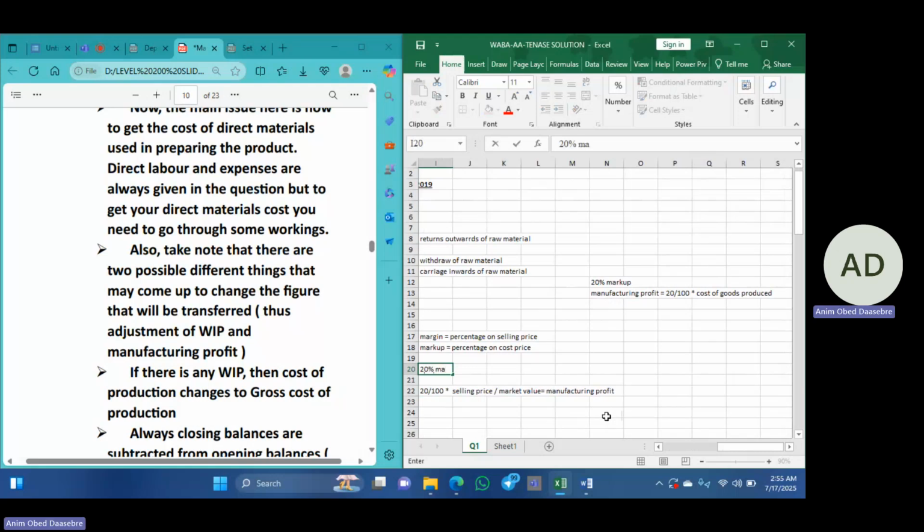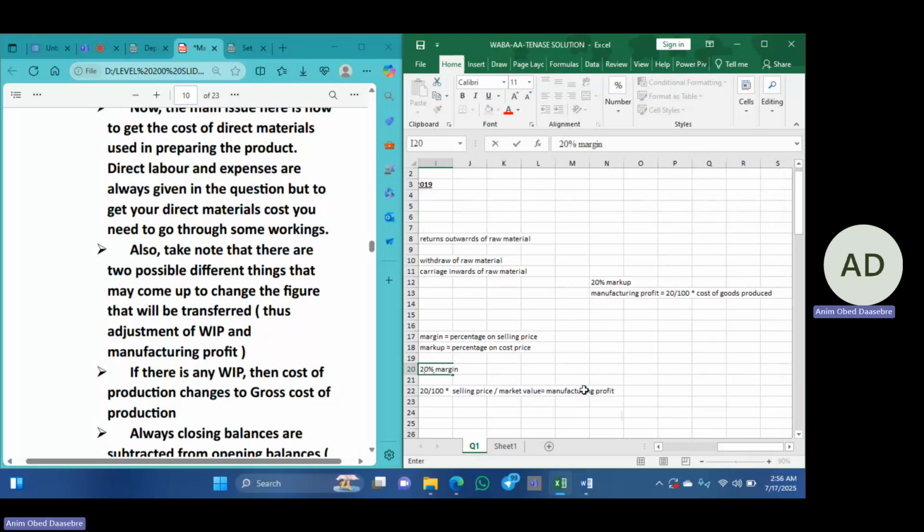Markup or margin: 20% margin is a percentage on selling price. So we apply the margin on the selling price or the market value to get our manufacturing profit.